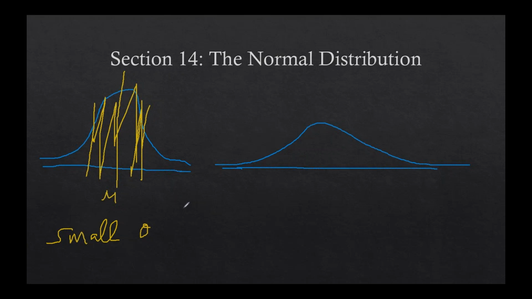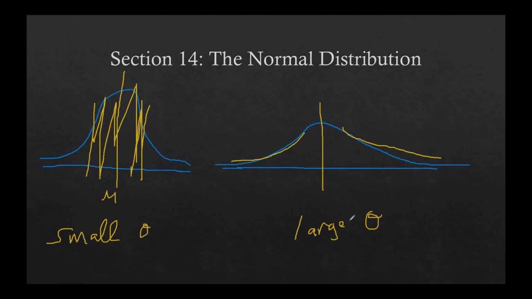Your standard deviation talks about how spread your data is. Small standard deviation means it's very, very compact, huddles around the mean. Whereas on this right side, you can see that it's short and fat. It's a lot more spread out. So this one would have a larger standard deviation, which is known by this sigma symbol.